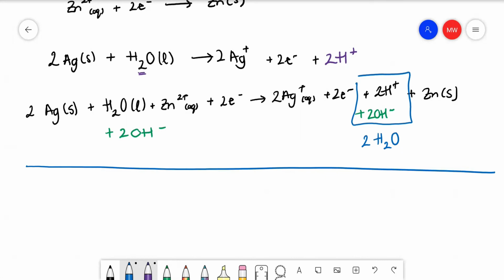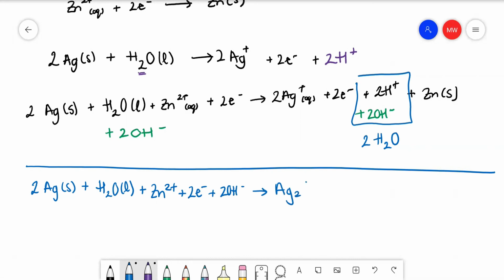And my almost final reaction is 2 silver plus water plus zinc plus 2 electrons plus 2 hydroxides give me 2 silver oxide plus 2 electrons plus 2 water molecules plus zinc in its solid form.